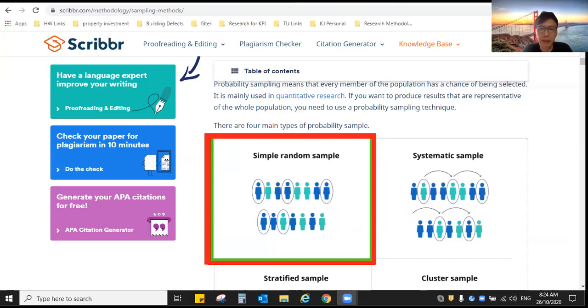That is called simple random. Before I go to the next one, I am being so detailed because the next one may be confusing, so make sure you understand simple random. Okay, good. Let's go to the next one.